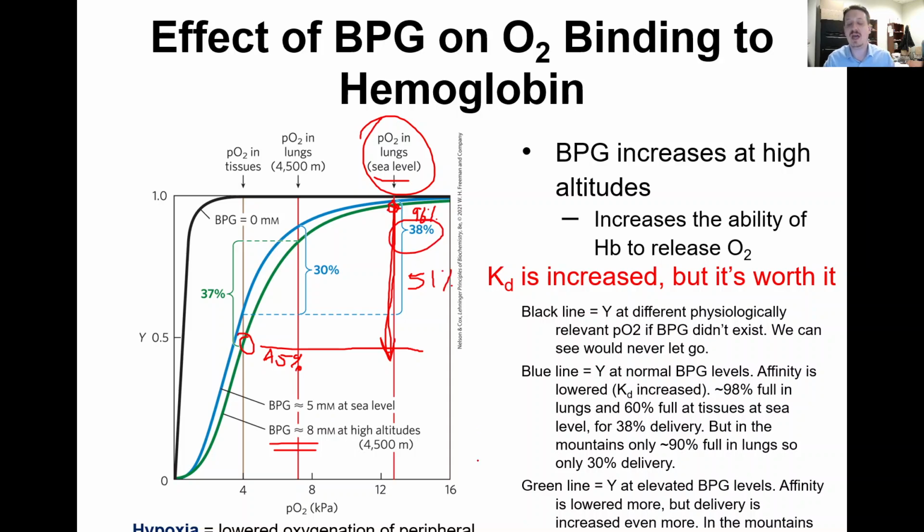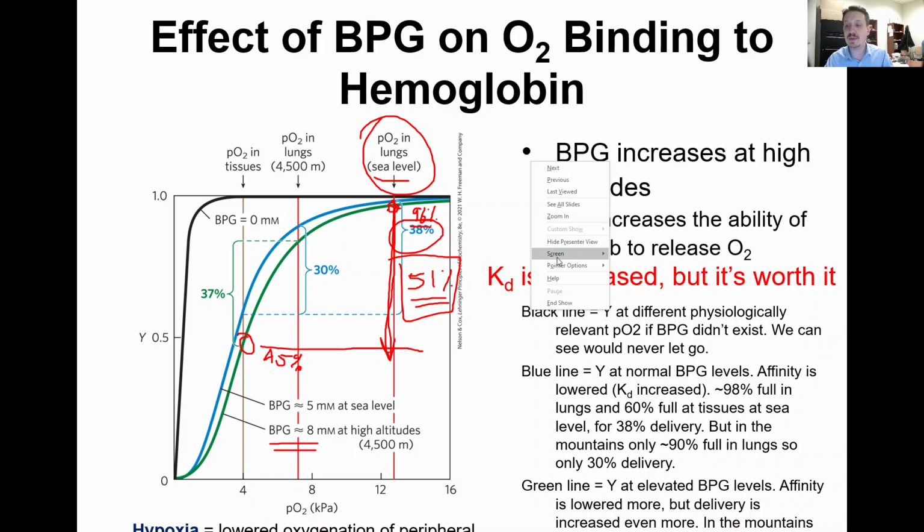And that's how a lot of doping happens, where people might get injected with BPG to simulate being up in the high altitude, and then that means that although they don't quite pick up as much oxygen, they deliver so much more that it's worth it, and they overall deliver more and can perform better at sports.